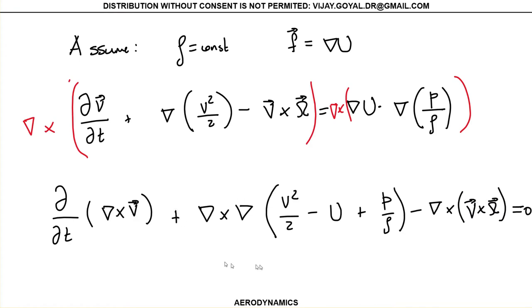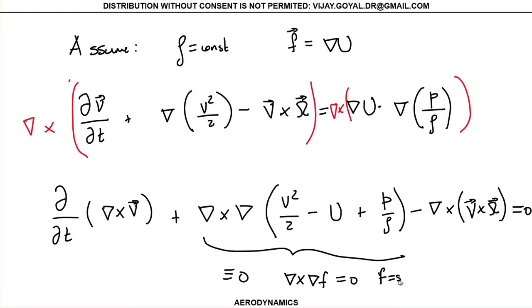Note that this whole term will be 0, because taking the cross product of the gradient with a scalar gives you 0. That's by definition. This is true because f is a scalar.